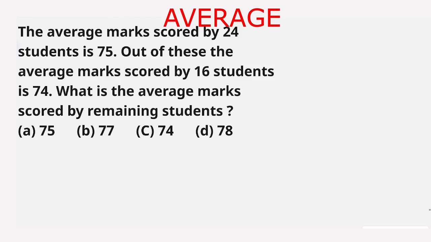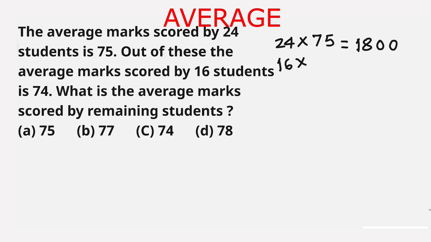Average marks scored by 24 students is 75. So the total marks are 24 multiplied by 75, which is equal to 1800. And average marks scored by 16 students is 74.